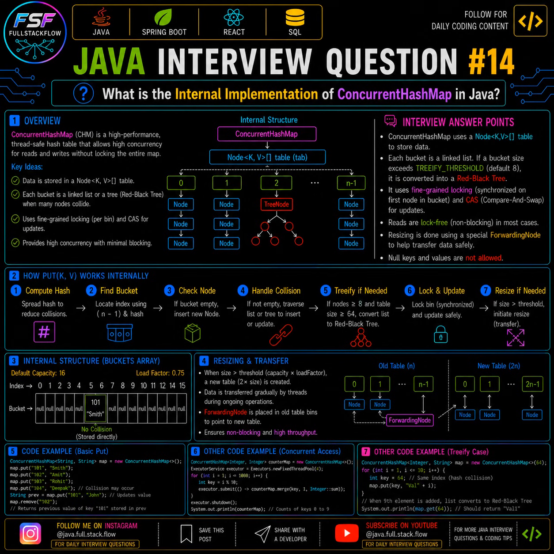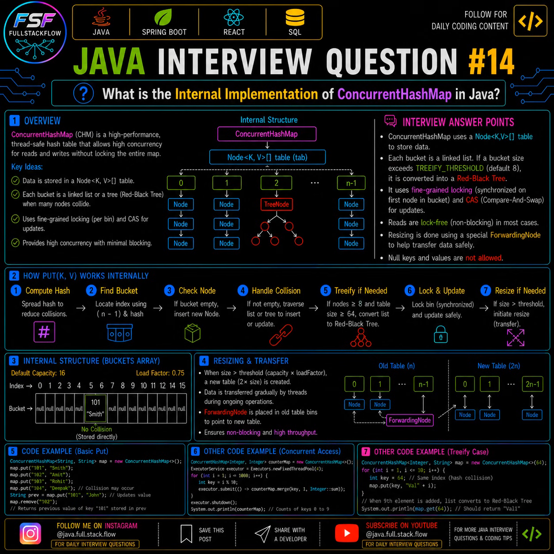Next, how the put method works internally. Now let's understand what happens when we call map.put(key, value). The first step is calculating the hash value of the key. That hash helps Java identify which bucket should store the data. Now there are two possibilities. If the bucket is empty, Java doesn't immediately lock anything.